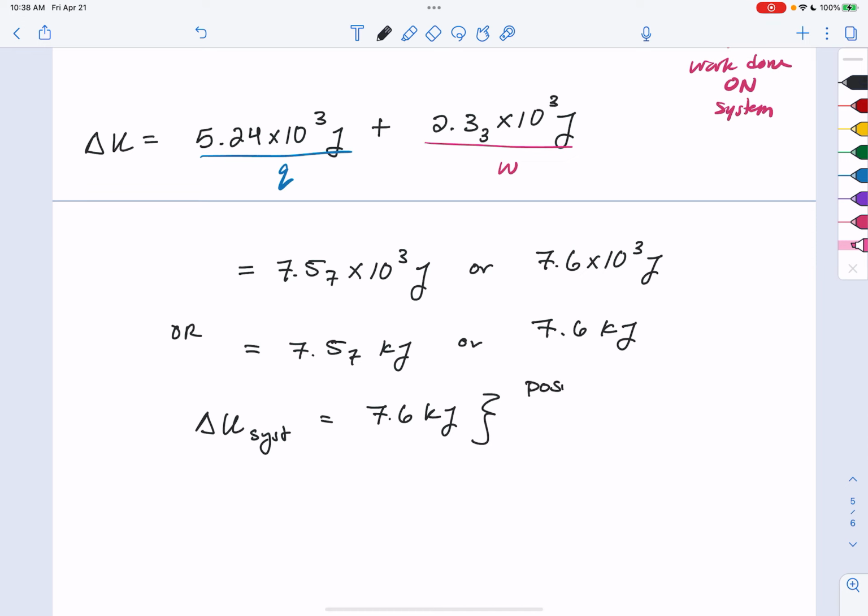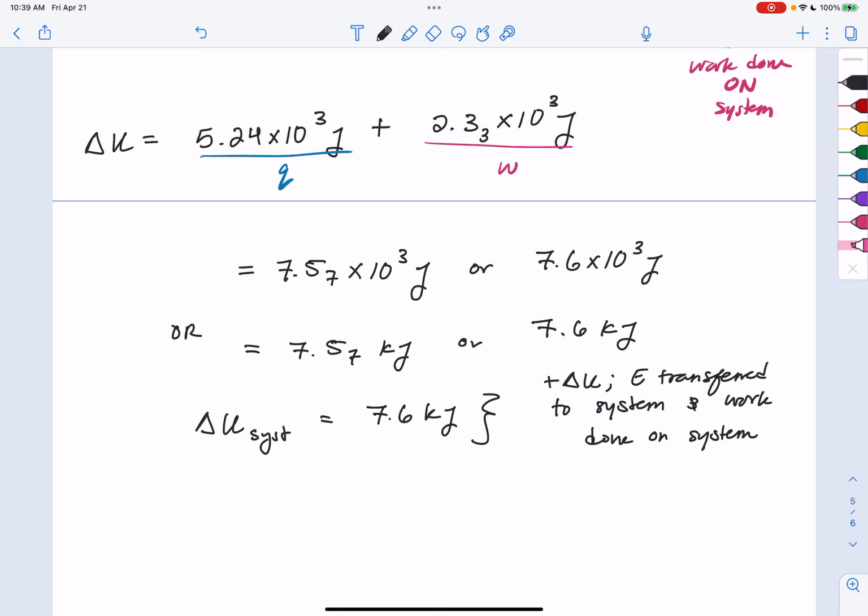So let's make sure that we're doing everything right here. So if we have a positive change in total internal energy, this means that we have to be absorbing heat and having work done on us. So this means that energy is transferred to system and work done on system.